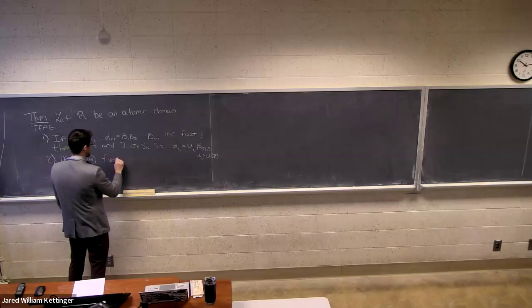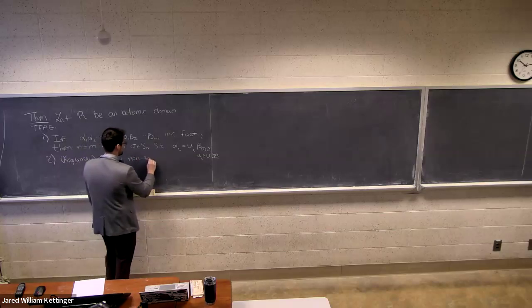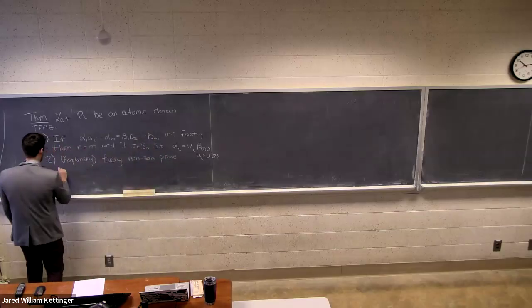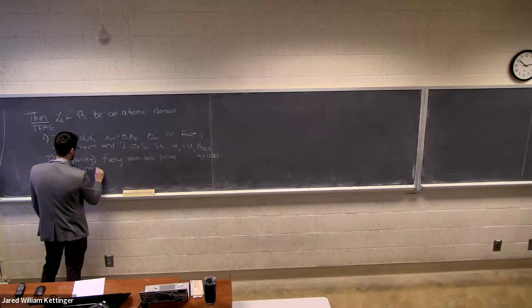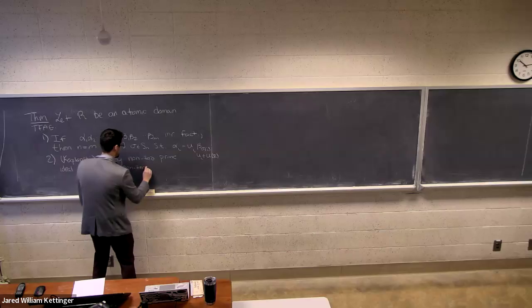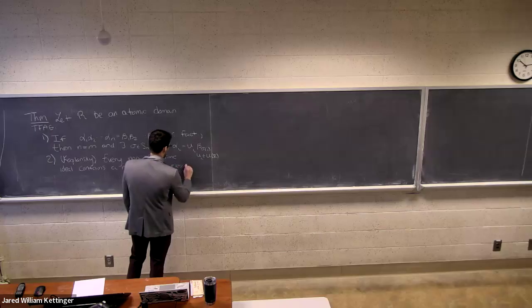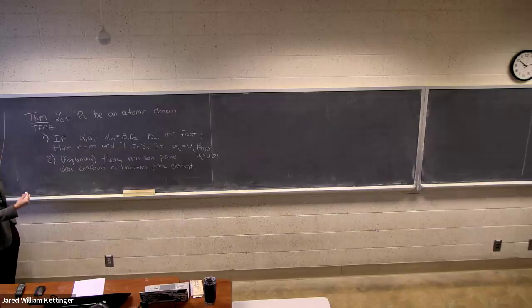We do need some heavy duty stuff, but every non-zero prime ideal contains a non-zero prime element. This is really nice because now we have an ideal theoretic conception for our theorem. And this is also the cheater way that you show that a PID is a UFD really, really easily.